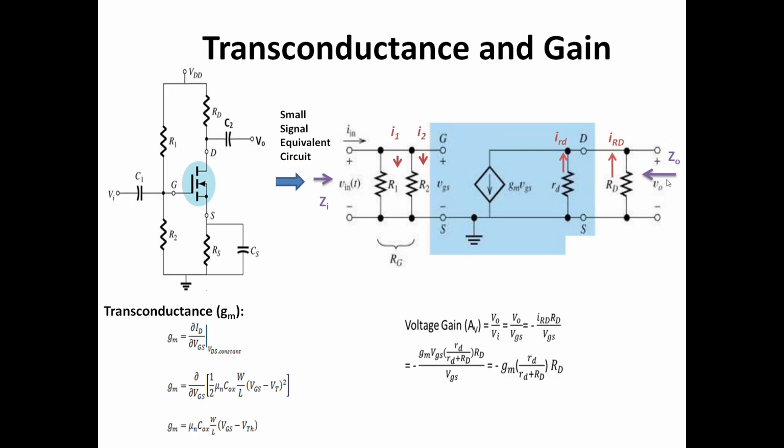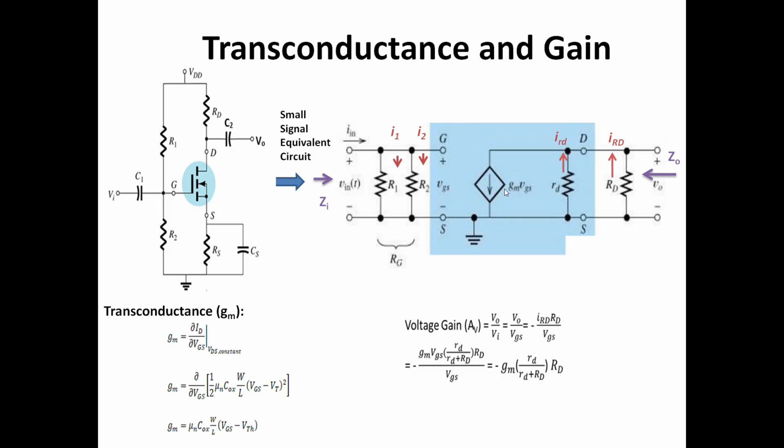Voltage gain is nothing but the output potential by input potential. Now here you can see that the current passing through capital RD, we write as I capital RD, and the current passing through smaller rd is I smaller rd, then the total current is the summation of this branch current plus this branch current, and that total current is gmVGS.